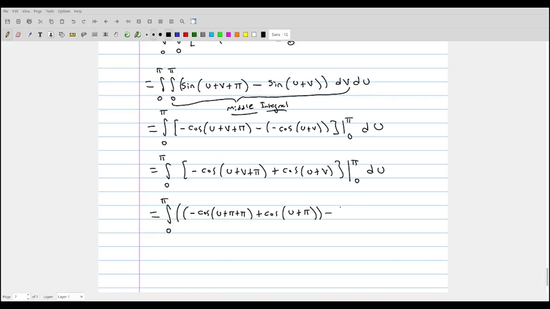That'll be minus negative cosine of u plus 0, which is going to be u plus pi, plus cosine of u plus 0, which is cosine of u. And it's this entire integral, so it's the integral with respect to u.